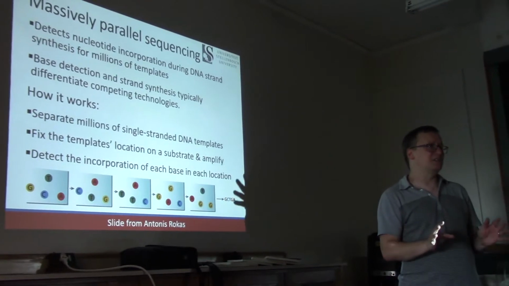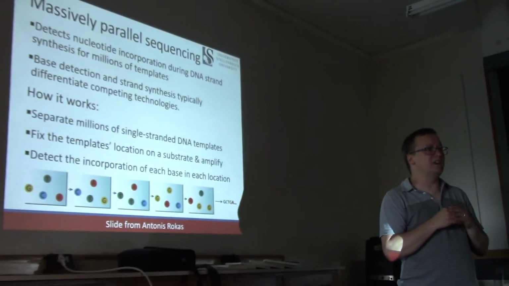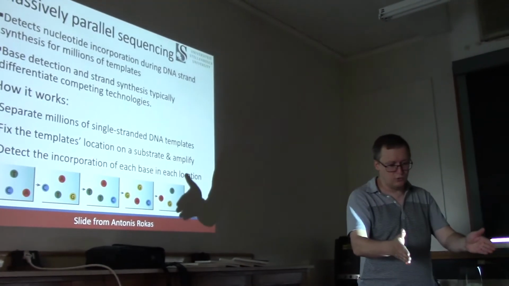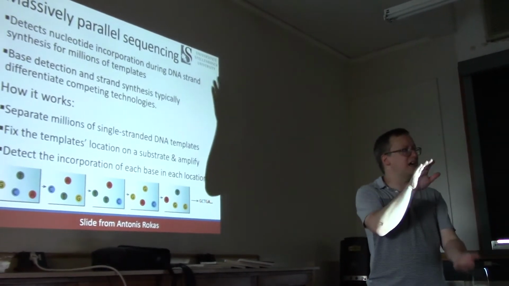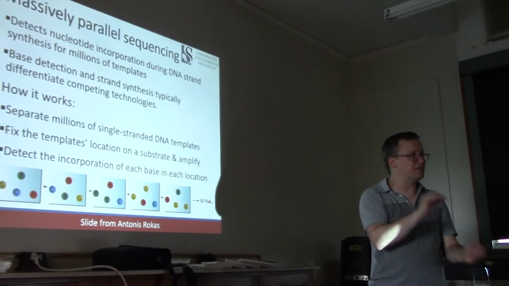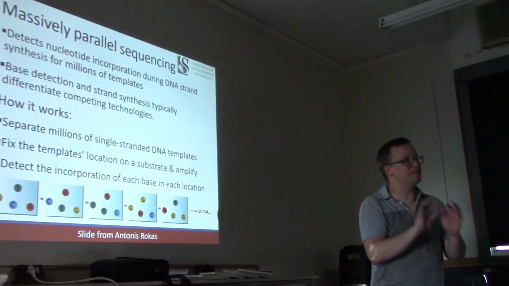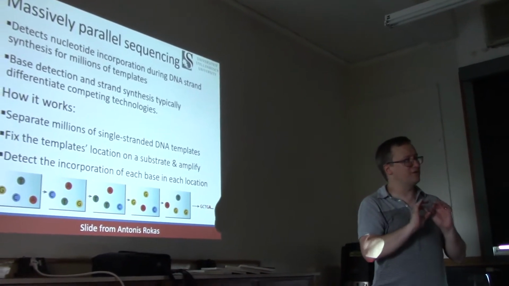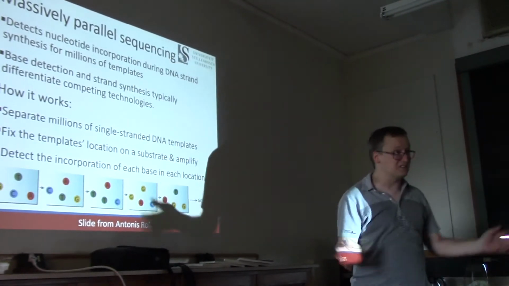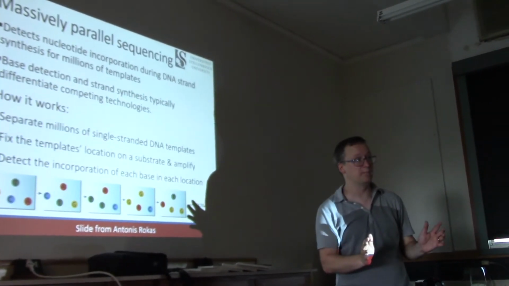Massively parallel sequencing represents the case where instead of attempting to devote an entire capillary electrophoresis column or an entire gel lane to one particular template we're going to sequence, it is focused on sequencing millions of different templates all at the same time.